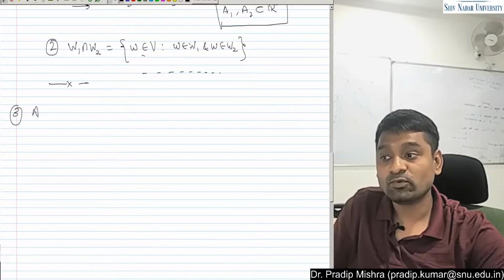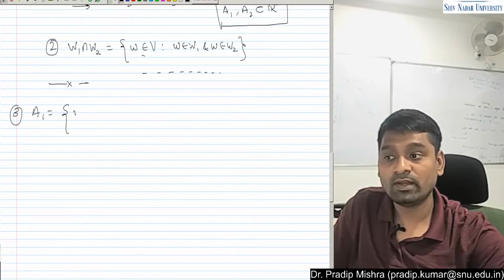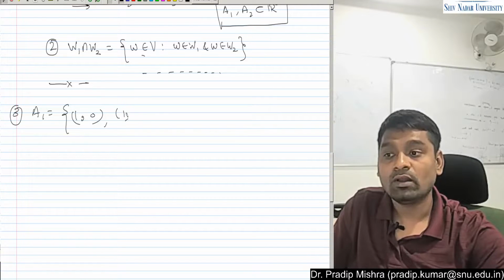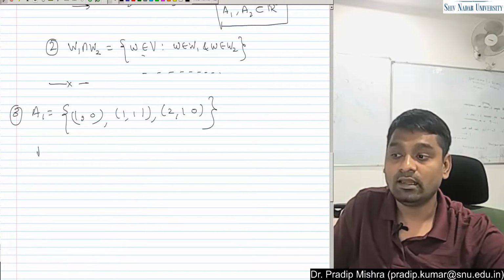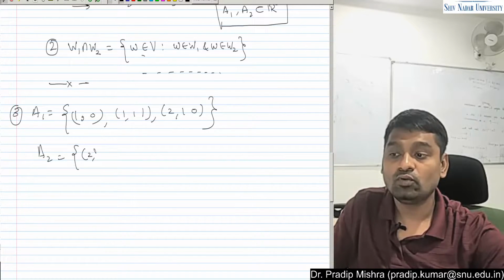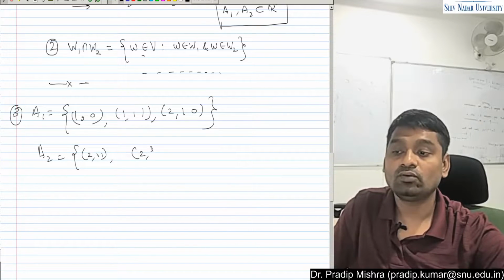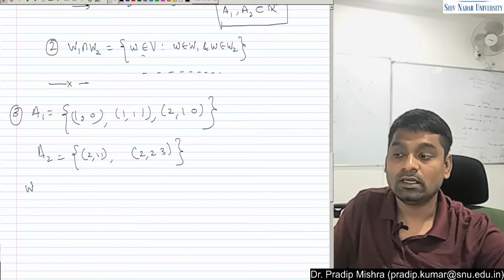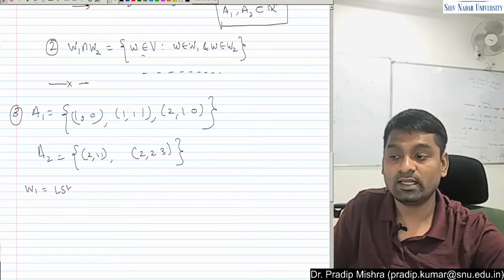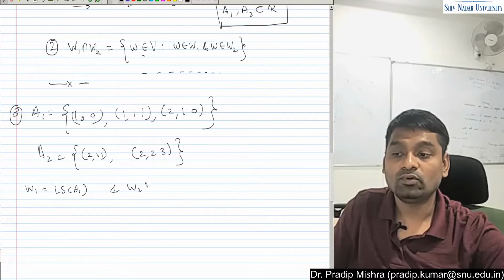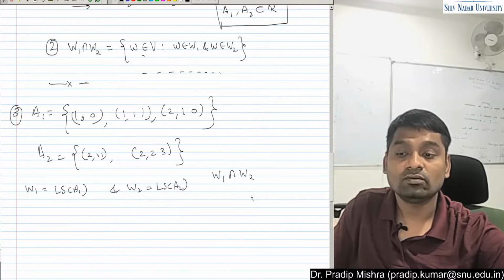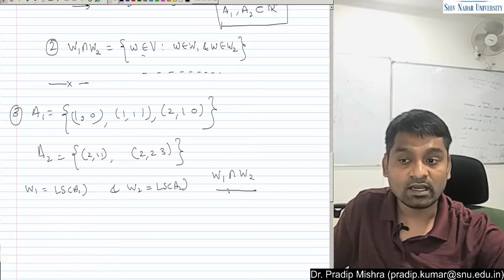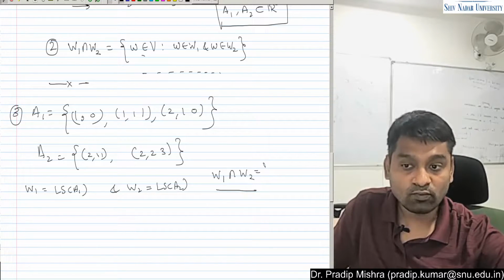Sometimes people say, suppose I give you A1 equal to (1,0,0), (1,1,1), (1,2,1,0), and A2 equal to (2,1,1), (2,2,2), (2,1,3), and then I ask you what is W1. Suppose W1 equal to LS of A1 and W2 equal to LS of A2, and then we may ask what is W1 intersection W2.